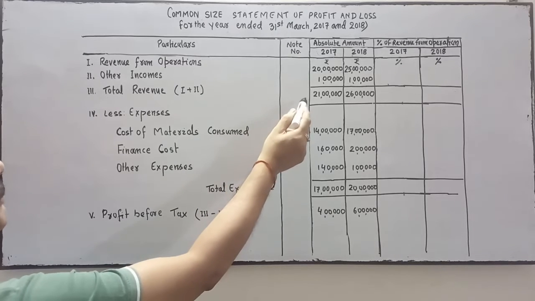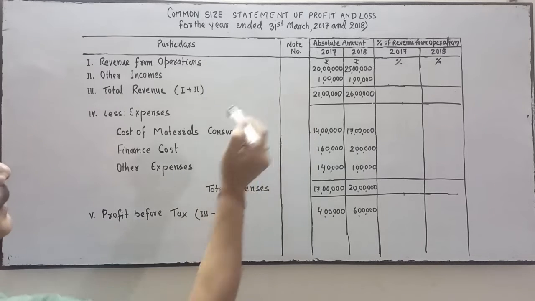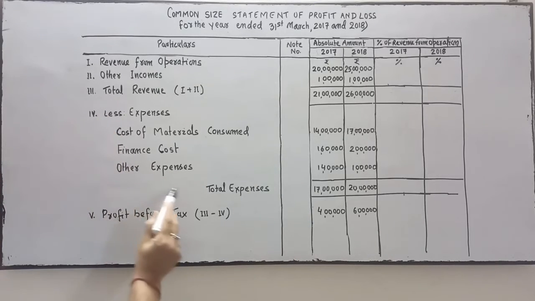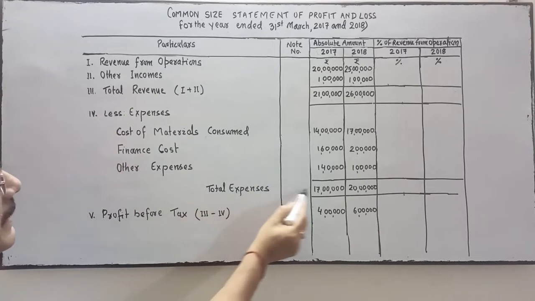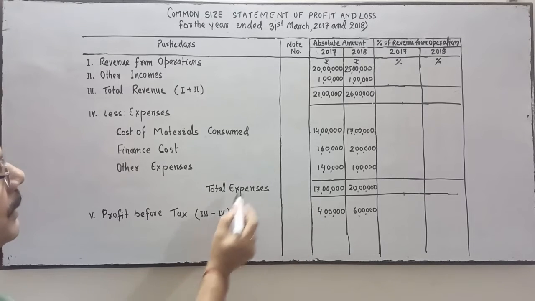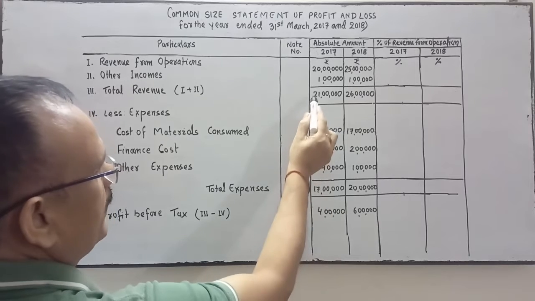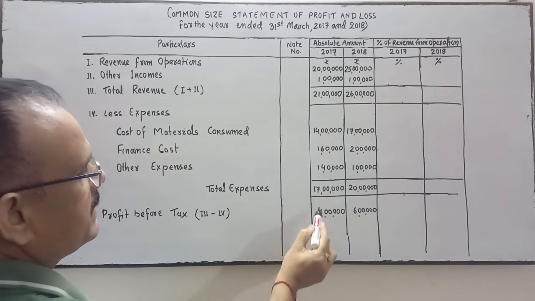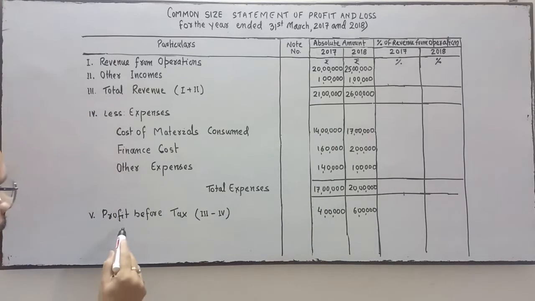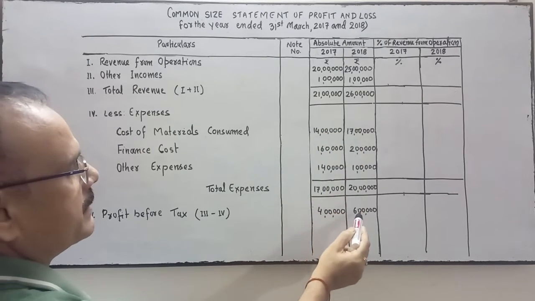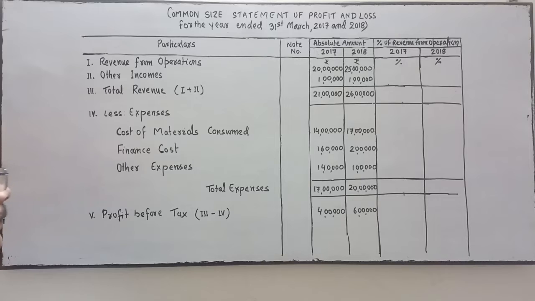So the difference we will find out. Total revenue is this and total expense is this. So third minus fourth total. 21 lakhs minus 17 lakhs, it's 4 lakhs net profit before tax. 26 lakhs minus 20 lakhs, it's 6 lakhs net profit before tax.